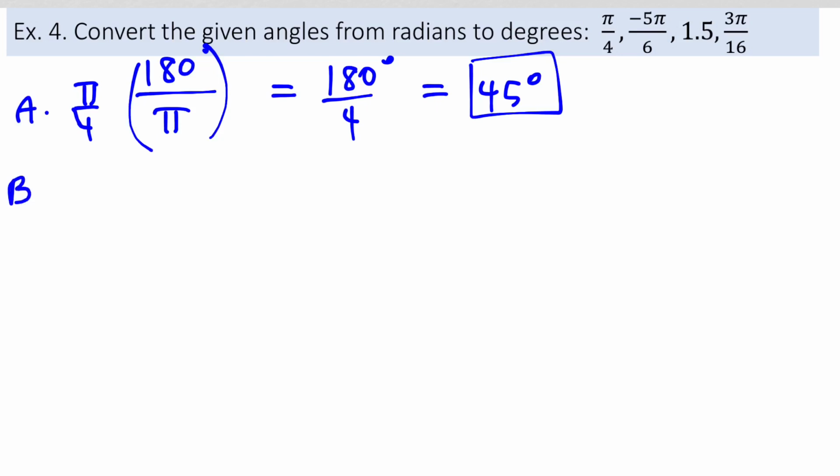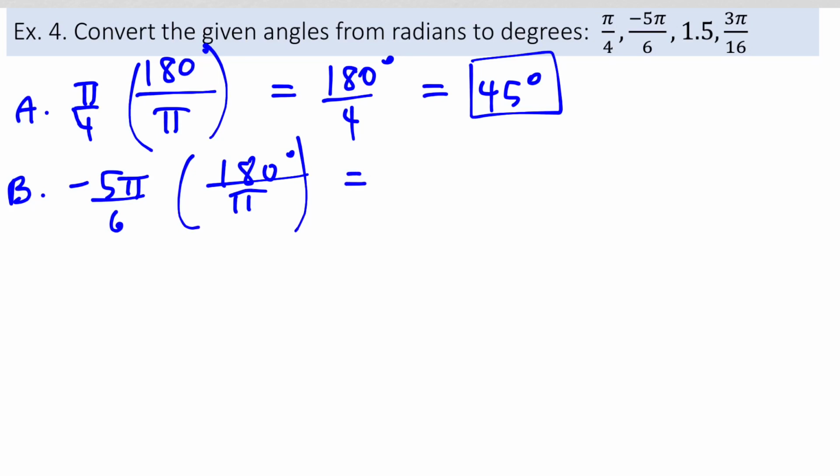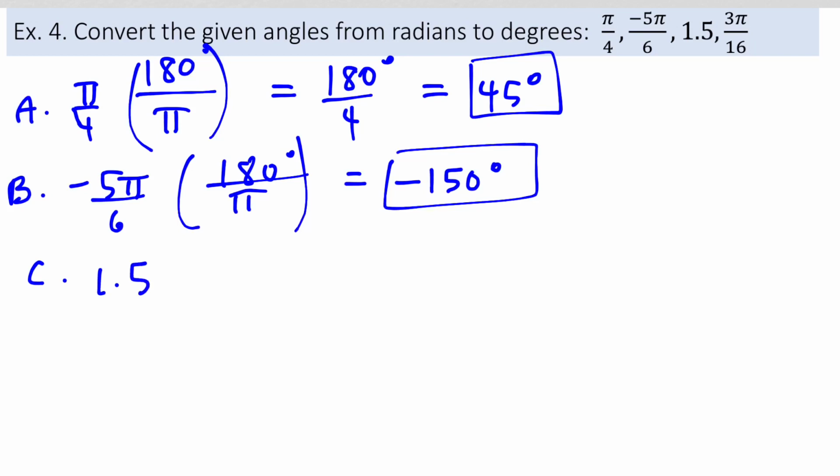All right, next, I've got negative 5 pi over 6. So once again, the conversion factor, 180 over pi. Pi's will cancel, and in the calculator, you can type in negative 5 times 180 divided by 6. And that would be negative 150 degrees. All right, next one, 1.5 radians.